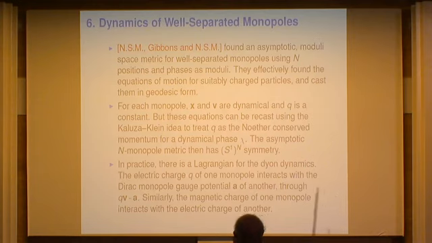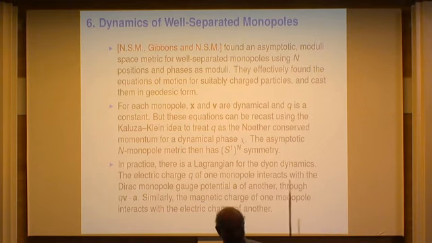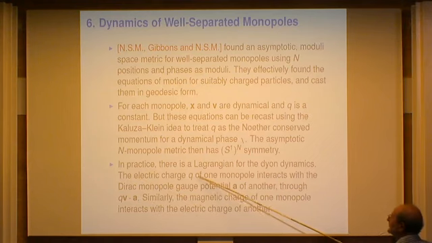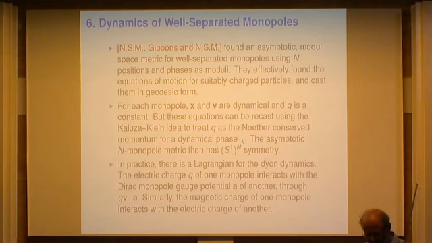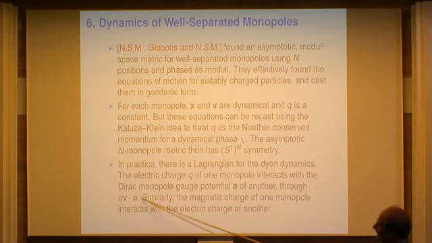Well, there's a standard electromagnetic Lagrangian for a point electrically charged particle interacting with a background magnetic field. So we use the standard formula. You need the vector potential for that, which is this Dirac potential, and the interaction term in the Lagrangian is the electric charge, the velocity of the particle, dotted into this background Dirac potential. But there's some novel effects here because we also have magnetic charge interacting with the electric field of the other monopole. And that has a similar interaction, so I won't write it down.